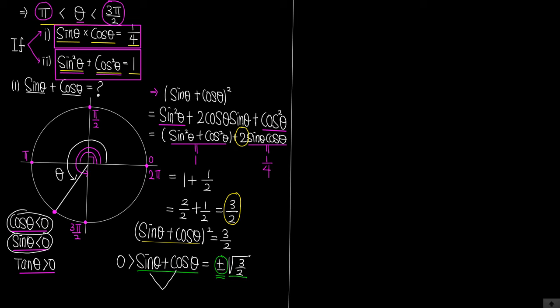So the positive value won't work, because the angle is in the third quadrant, so cosine theta and sine theta must both be negative. So negative square root of 3 over 2 will be the right answer. And this was the question asking what is sine theta plus cosine theta. In the next video, we're using the same given condition to solve other questions.